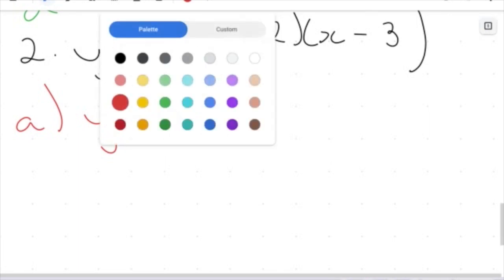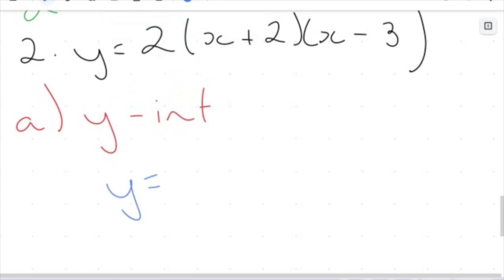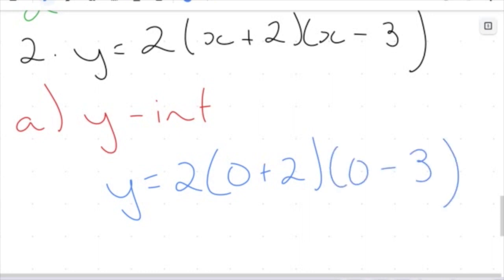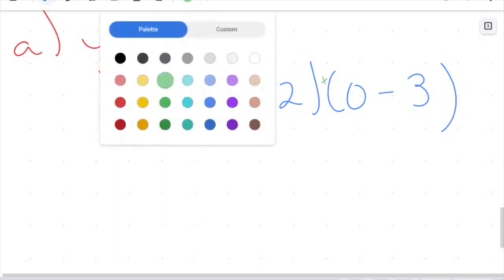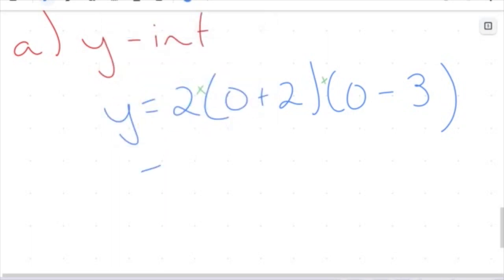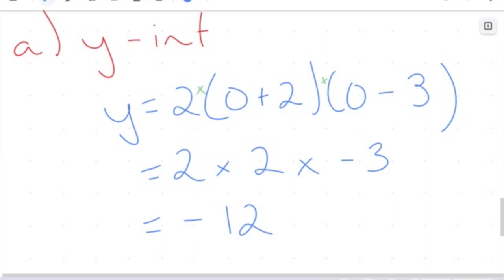So that means I'm going to get y equals 2 outside of 0 plus 2 and 0 minus 3. So to find the y-intercept, all of these things are timesing together. So this thing here is going to be 2 times 0 plus 2 gives me positive 2, times 0 minus 3 is negative 3, and that gives me negative 12 as a solution.